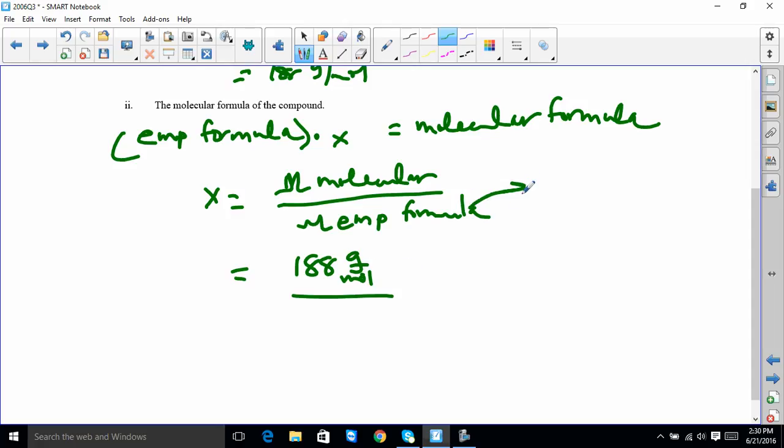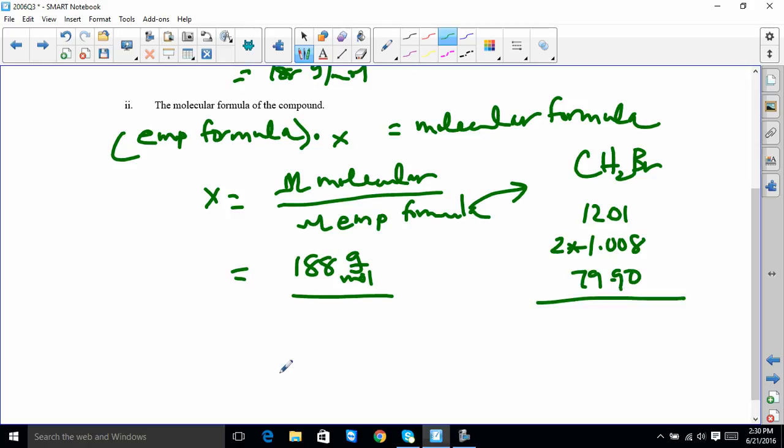And then they told you the empirical formula was CH2Br. So if you go 12.01 plus 2 times 1.008 plus 79.90, and you add those together, you end up with 93.93 grams per mole, because when you add, you count decimal places, but because formulas always have to have whole numbers, this is approximately 94 grams per mole.